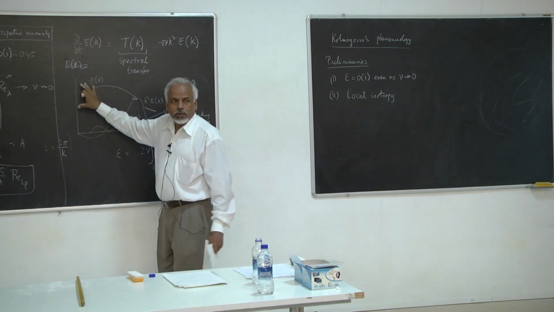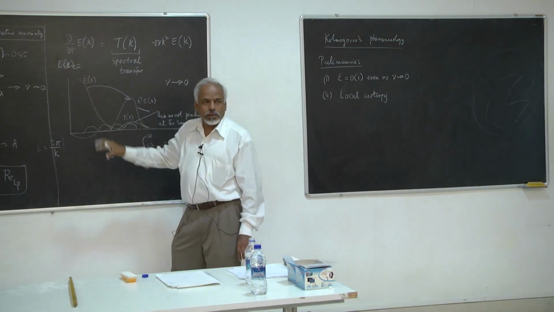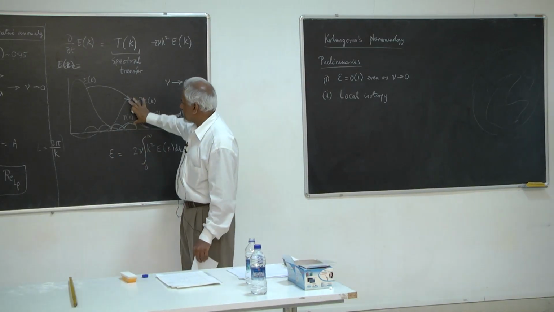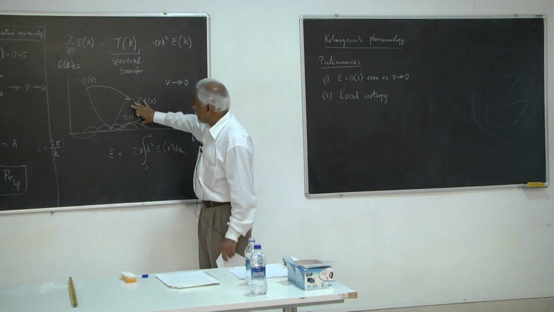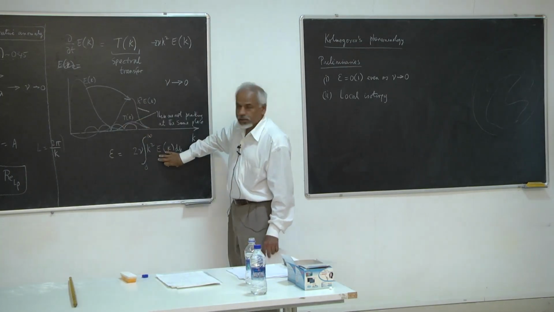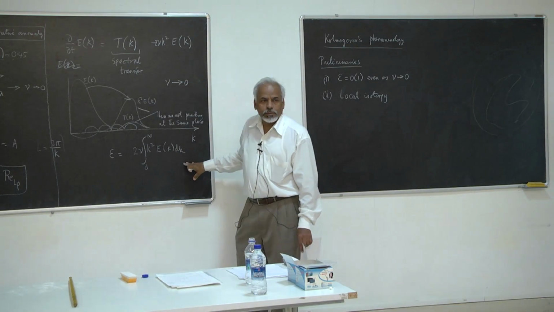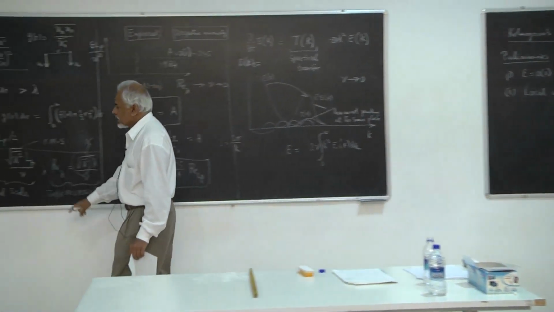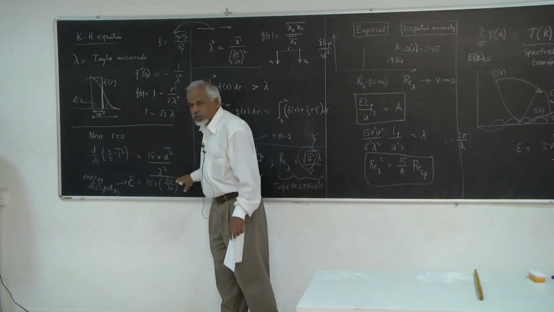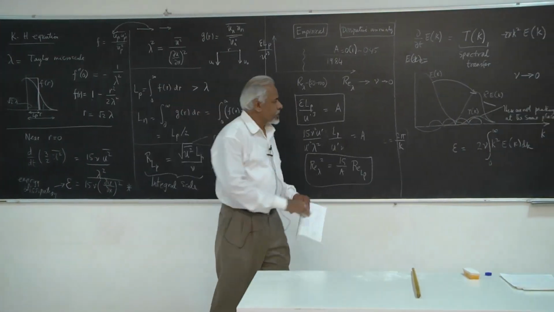So in particular, what this means is that whatever the flow, however you created the flow, this part of the spectrum would not be dependent on how you generated it. Therefore, in particular, the energy dissipation can always be defined by this, which is the isotropic result.